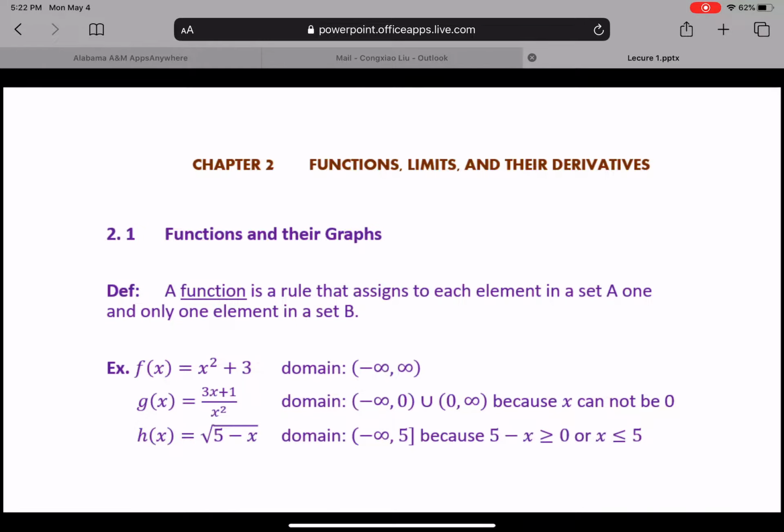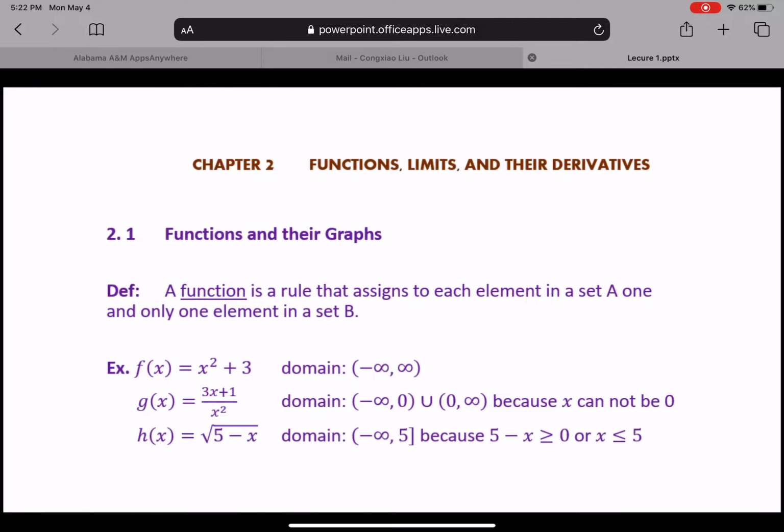It's undefined. So we need to take 0 out of the set of real numbers, and that will give us the domain. In set notation, it will be negative infinity to 0 and 0 to positive infinity, and we're uniting those two sets.